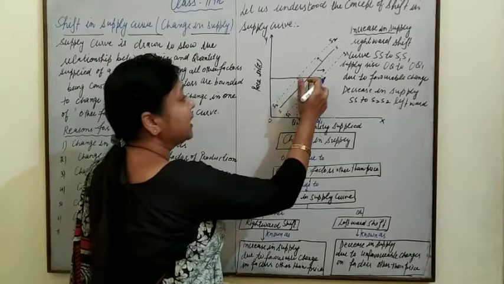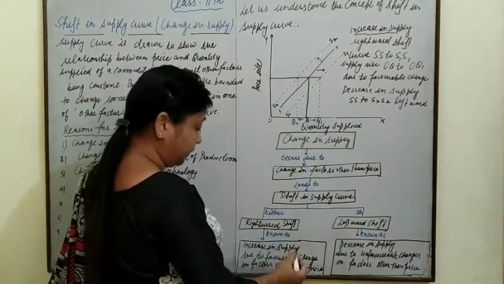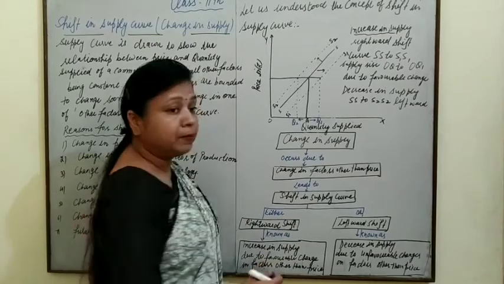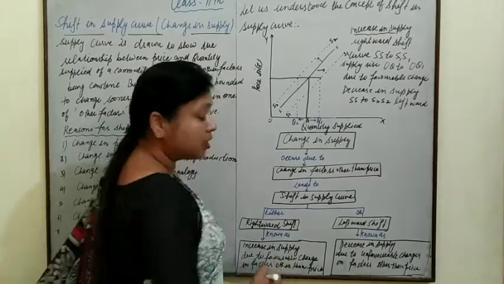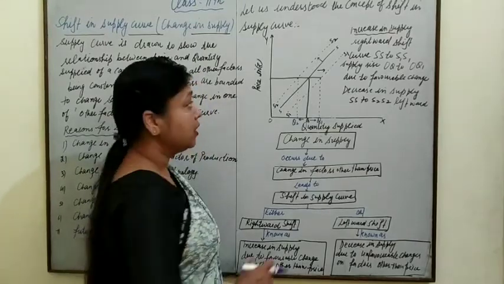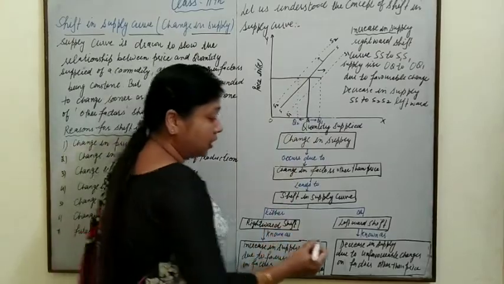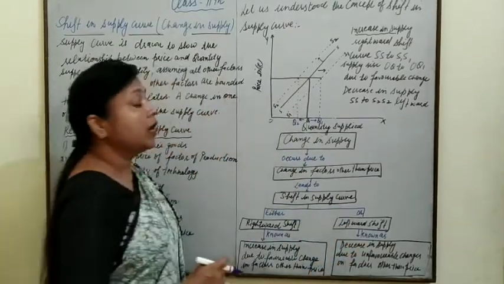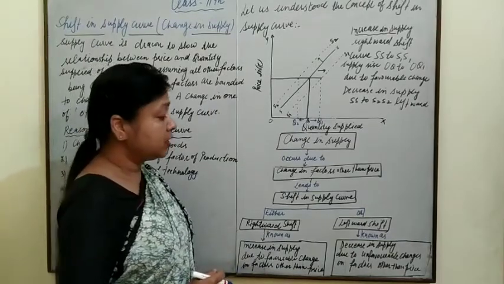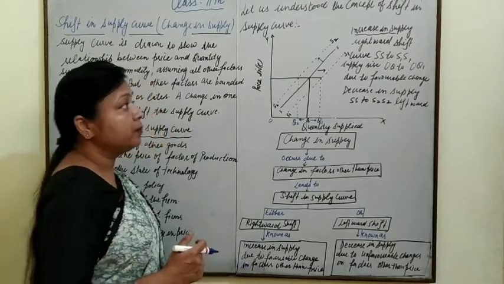If our supply curve is shifted rightward, that is an increase in supply, which is due to favorable changes in factors other than the price. Leftward shifting means a decrease in supply due to unfavorable changes in the factors other than the price.